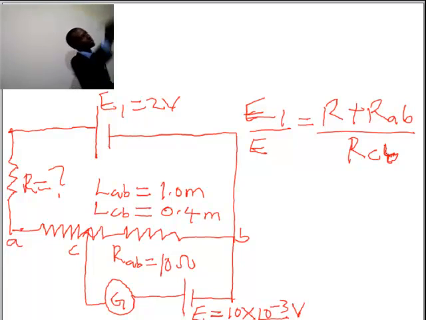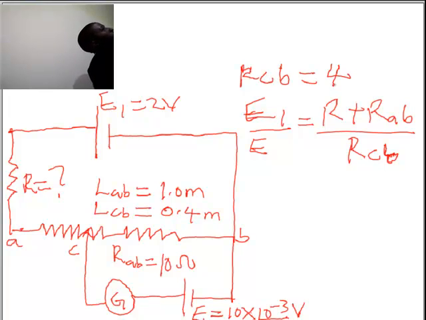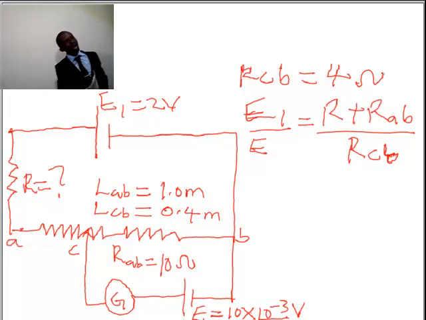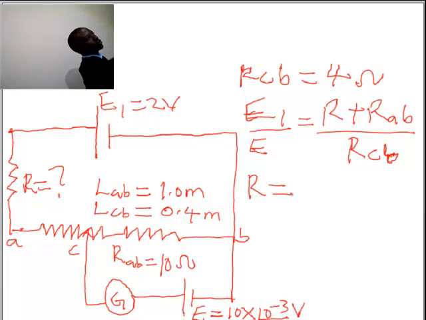Since resistance RCB has been calculated to be equal to 4 ohms, by making R the subject of the formula, R will be equal to E1 times RCB divided by E, minus RAB.